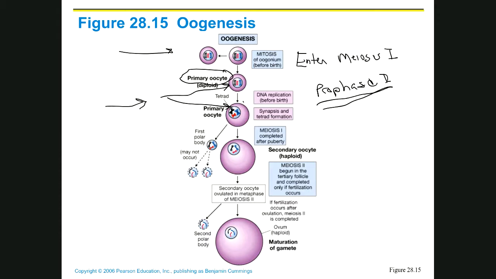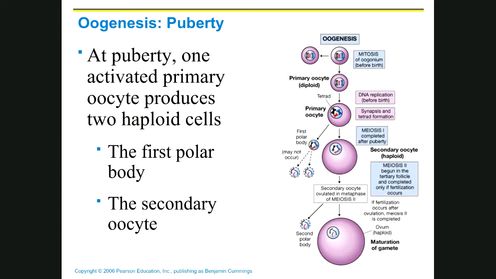And they're actually going to stay that way all the way through childhood. So birth, early childhood, all the way until puberty. And then at puberty, we're going to reactivate those cells. So we're going to finish meiosis 1.